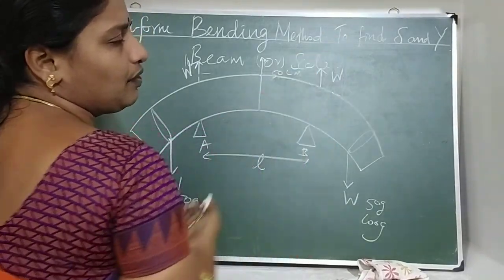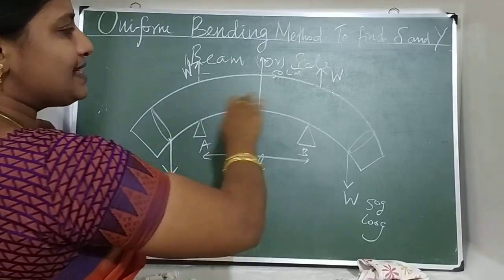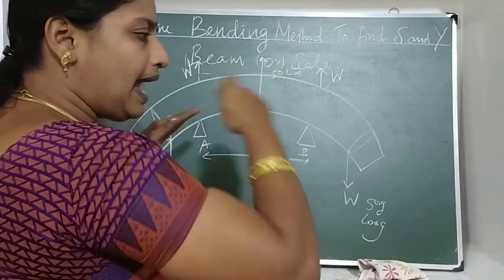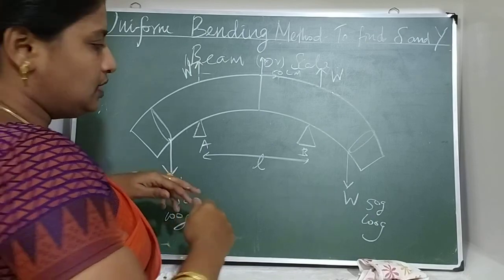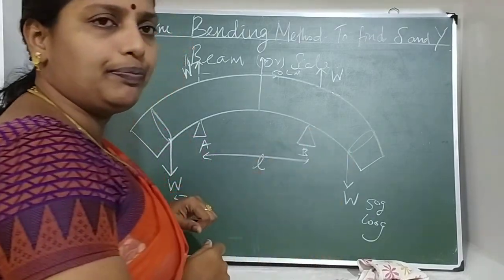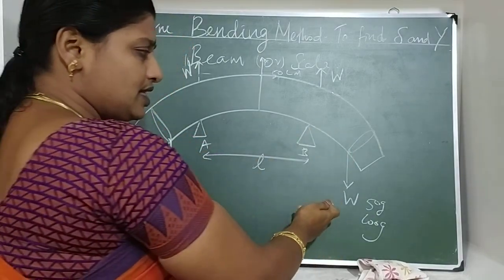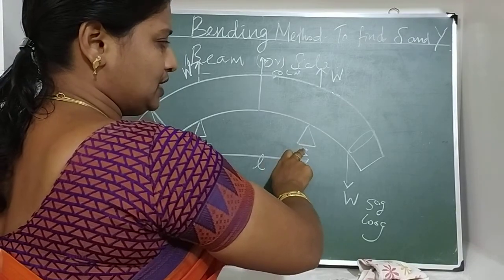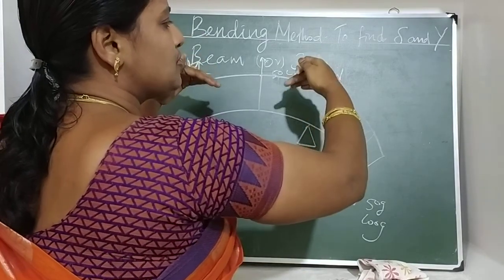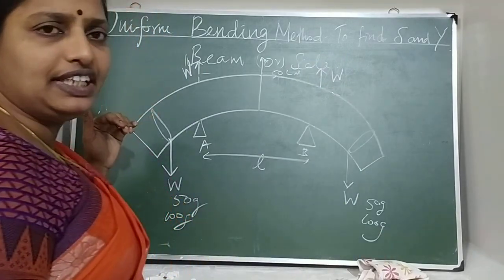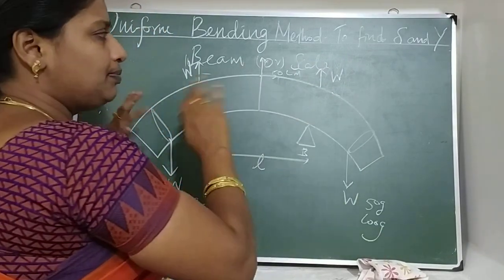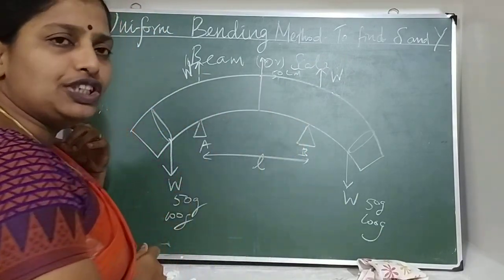This is how the beam is balanced. Both knife edges support the beam and share the weight, so automatically the beam balances in this position.